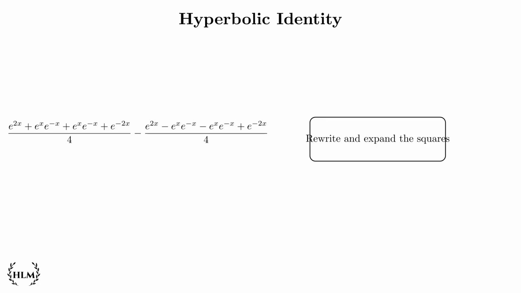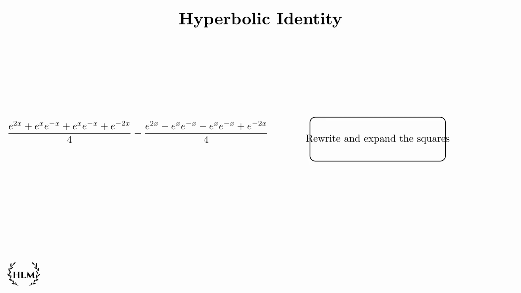And then if we continue on, we can simplify here. One of the things we can simplify for sure is e to the x times e to the negative x, which is equivalent to e to the x minus x, which is equivalent to e to the 0, which is equivalent to 1. So then we get, for the first fraction, e to the 2x plus 1 plus 1 plus e to the negative 2x.